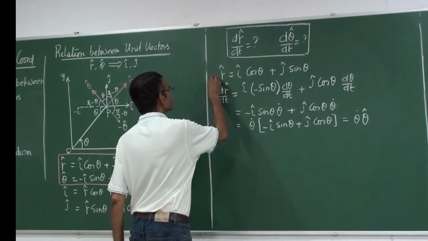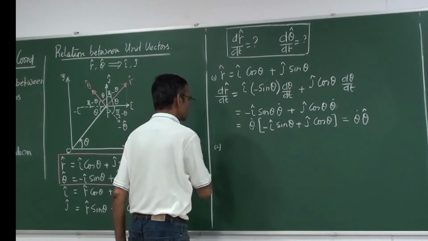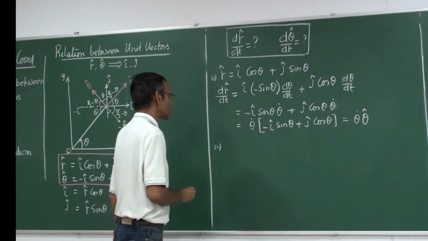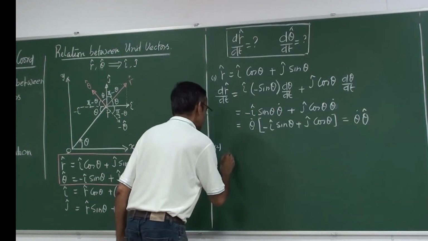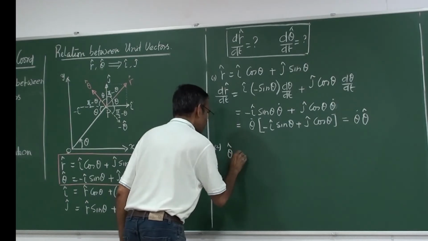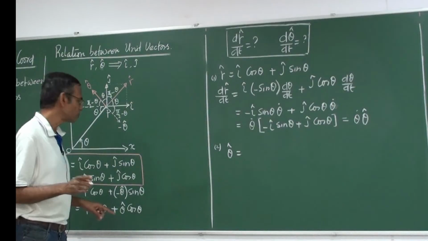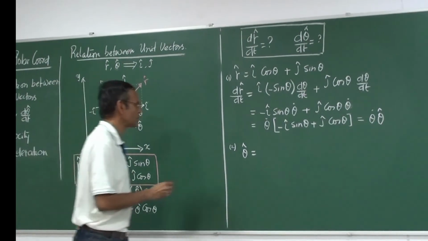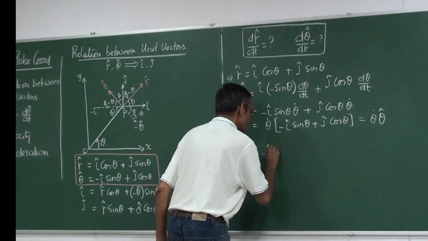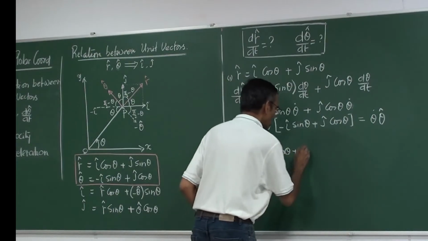So this is the first one. This is the second one. Now we calculate for the theta one. So second one is theta cap. Let us write theta cap. Theta cap again we will write in terms of I cap and J cap. So this is minus I cap sin theta plus J cap cos theta.